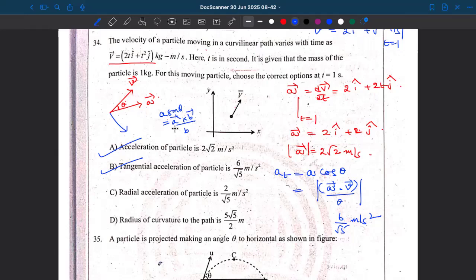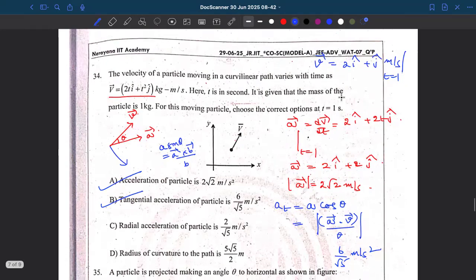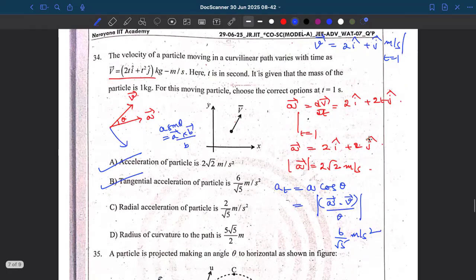Right boys, see in this case A bar cross V bar by V. While taking the cross product A bar cross V bar, for example 2 I cap cross J cap, the magnitude is 2 K cap. Next 2 J cap cross 2 I cap, J cap cross I cap is minus 4 K cap. By the magnitude, see very simple, magnitude V bar by V. The magnitude of V is already known, √5, so therefore this is 2 by √5.